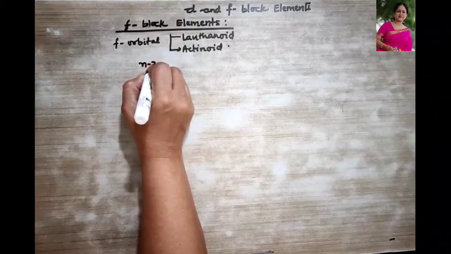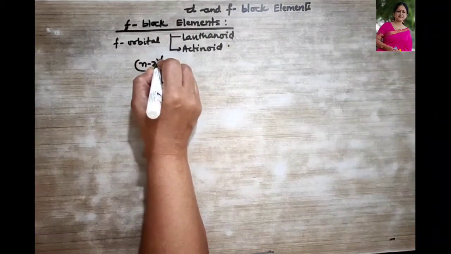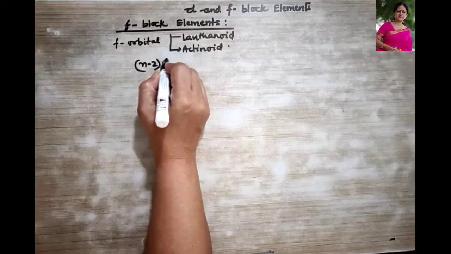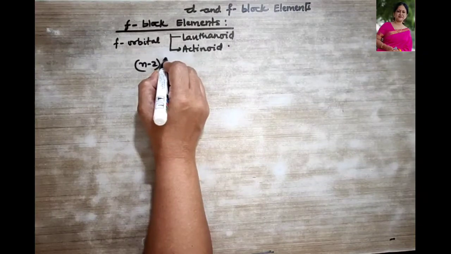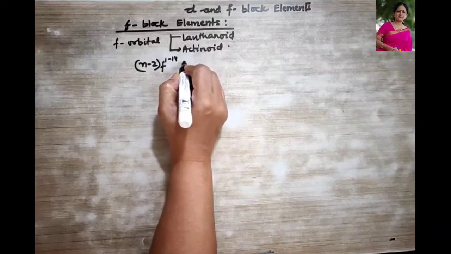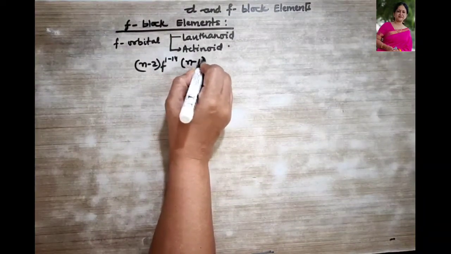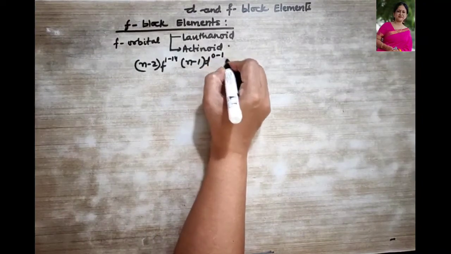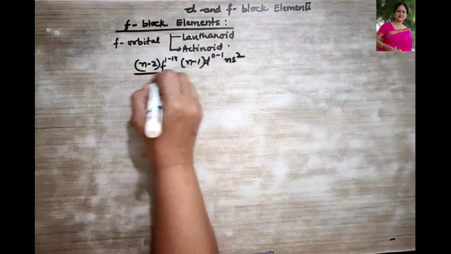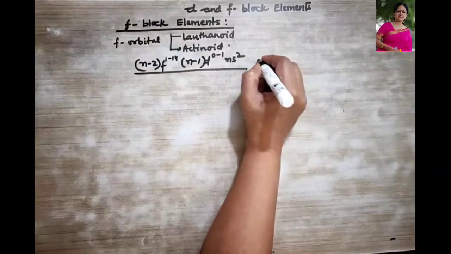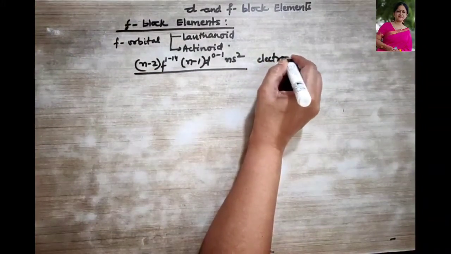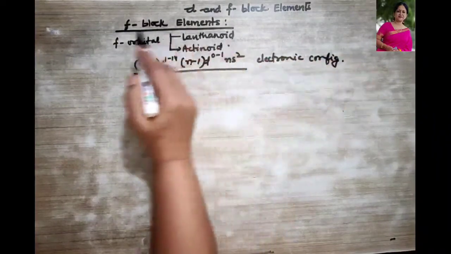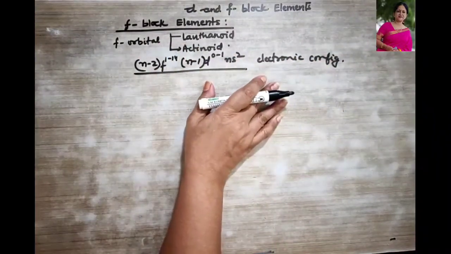It is (n-2)f, where the electrons range from 1 to 14, then (n-1)d, where the electrons range from 0 to 1, ns2. This is the electronic configuration which is found in the F block elements, right?